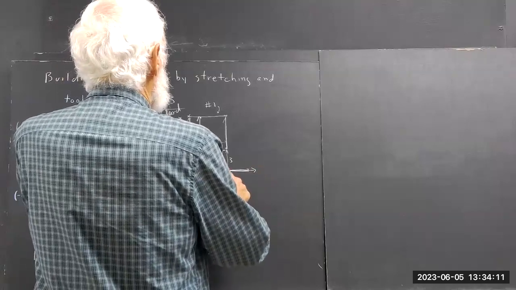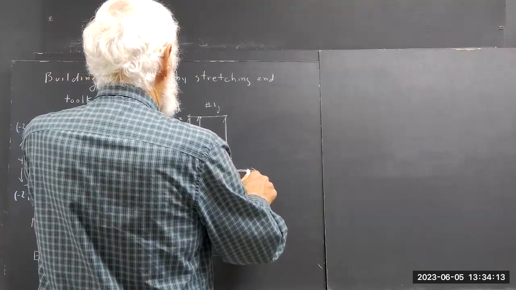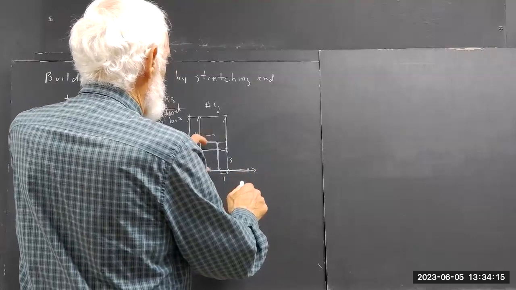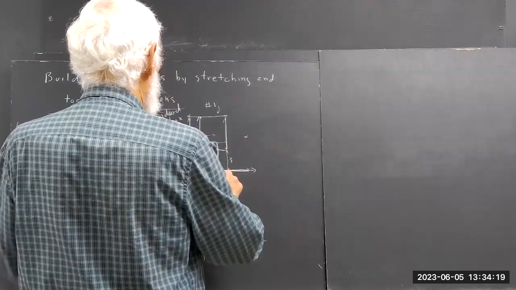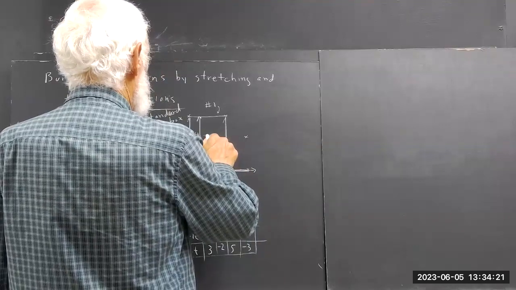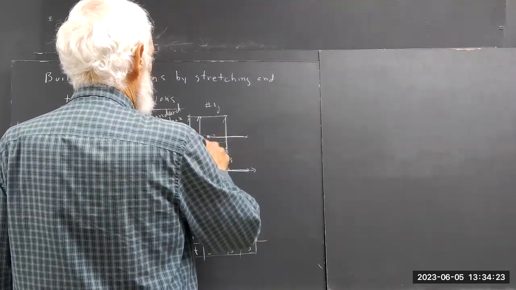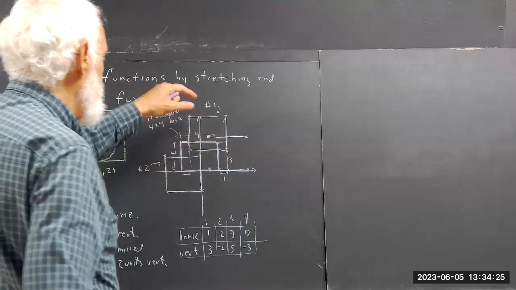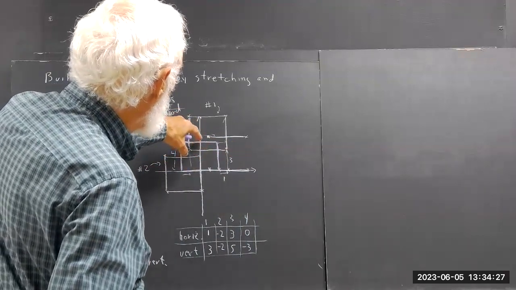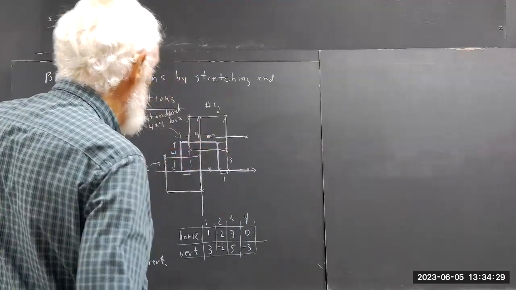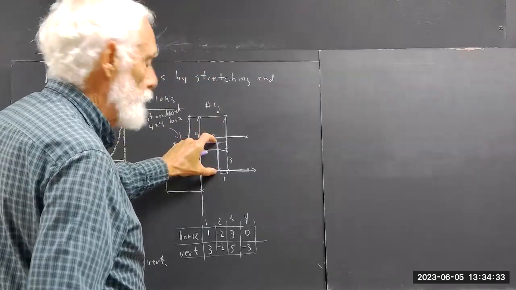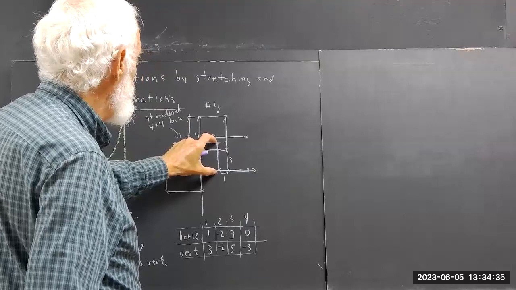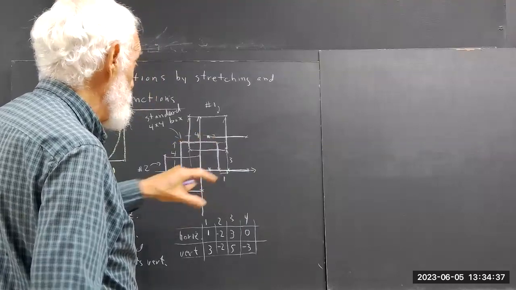Okay, well, again, this goes over 3, then it has to go up 5. Now, height here is 4, so 5 is going to be a little higher than that. So I'm going to go about here, and this one's going to go about here. This will be our lower edge. I'm sorry for my error there. Then the upper corners, each of the upper corners is 4 units higher than the corresponding lower corner.